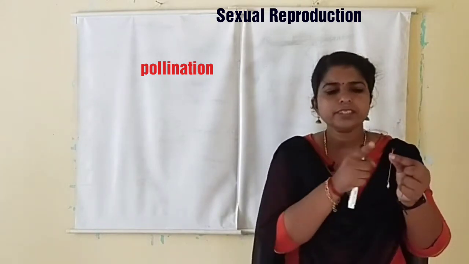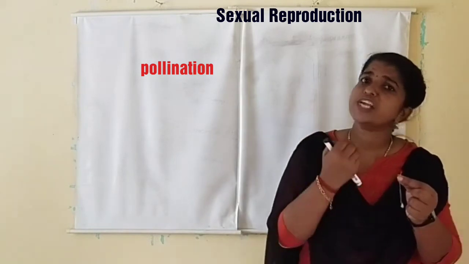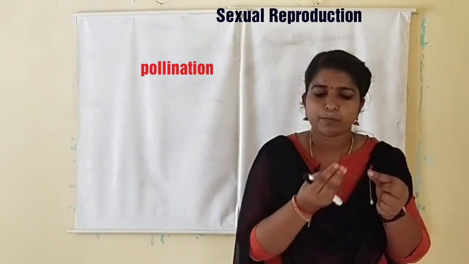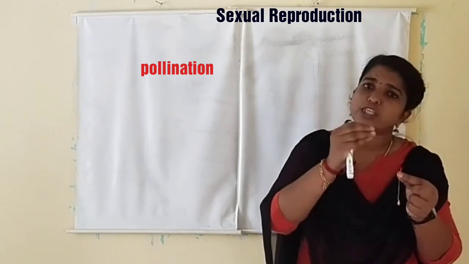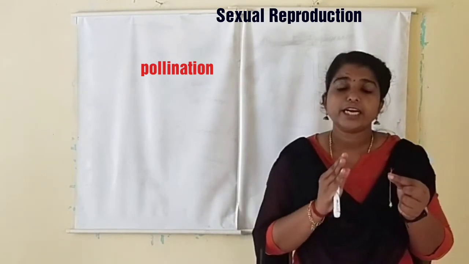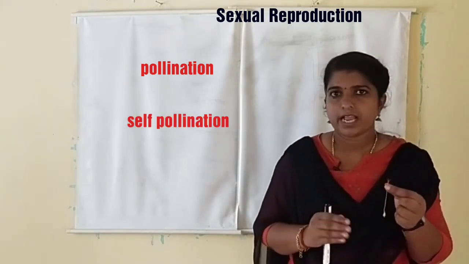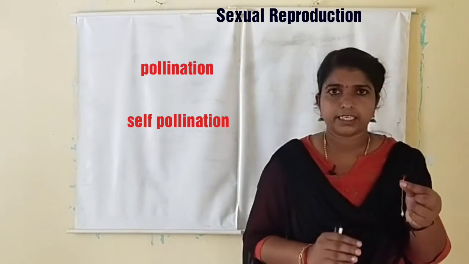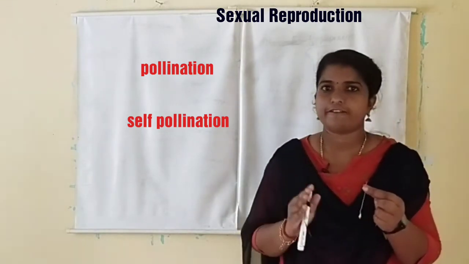Sometimes the pollination takes place within the same flower. The pollen grains of the flower are transported to the stigma of the same flower. That condition is known as self-pollination. In some other cases, the pollen grains are transferred between different flowers.